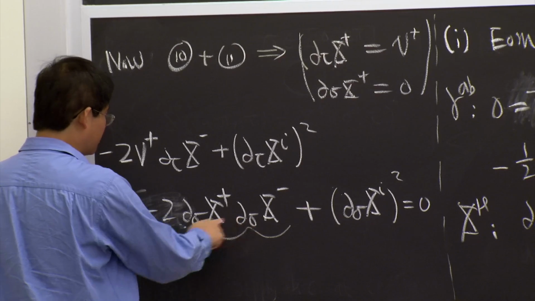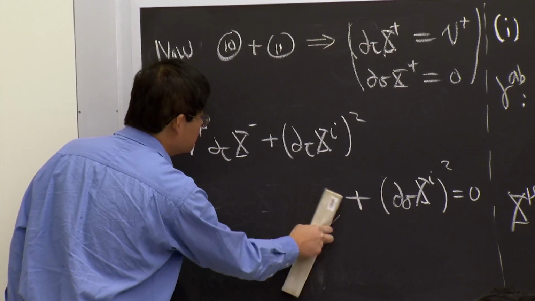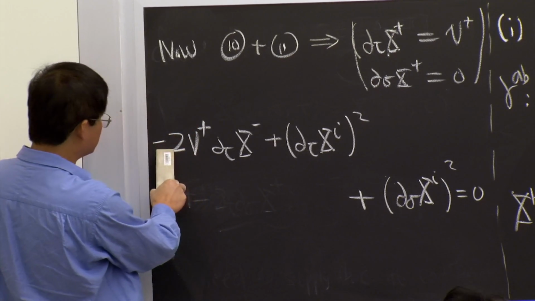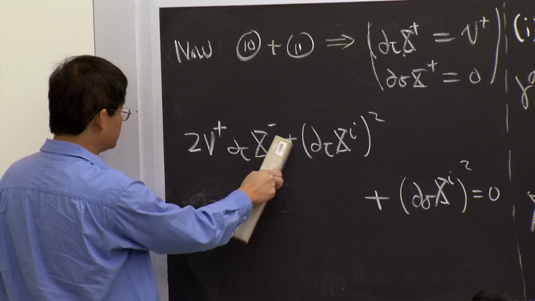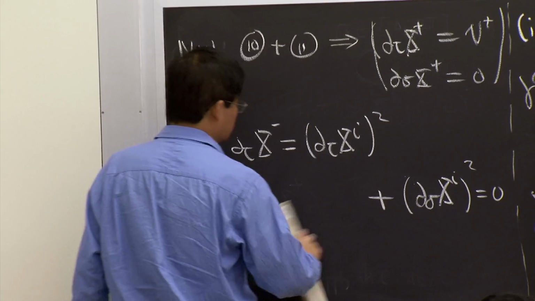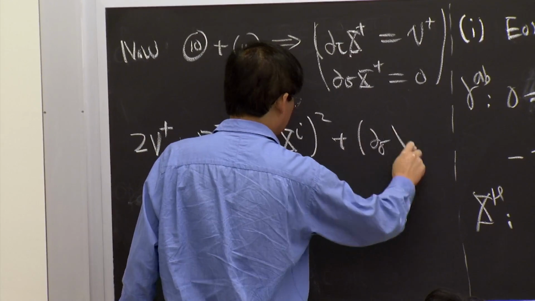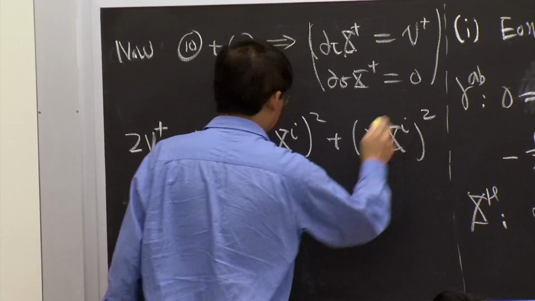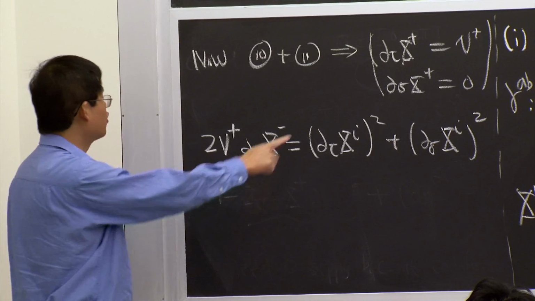Because of that, it's 0. So now we can erase it. So now let's change this to the other side and then change this sign. So the equation I get is the following. Okay, so this is equation 10.